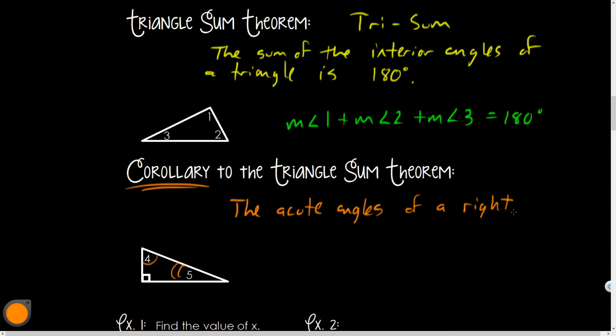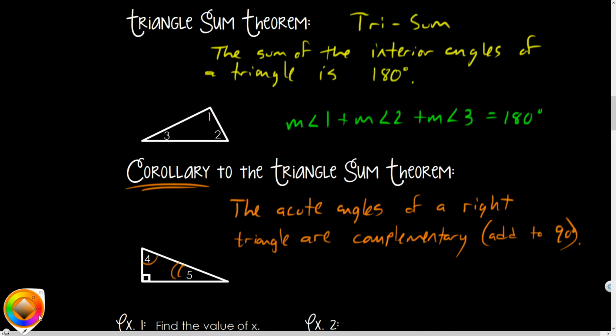The acute angles of a right triangle are complementary. Does anyone remember what complementary means? Add to 90. No worries.